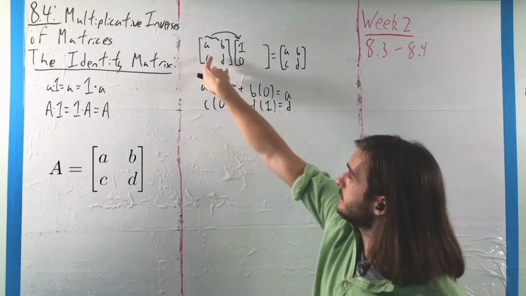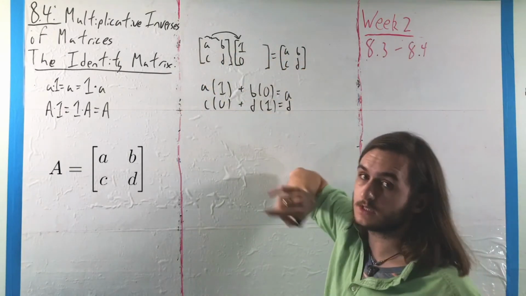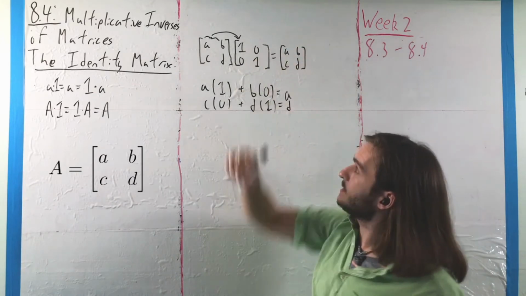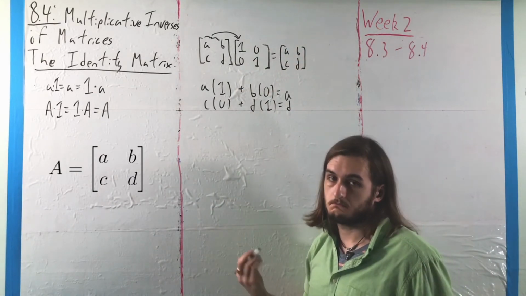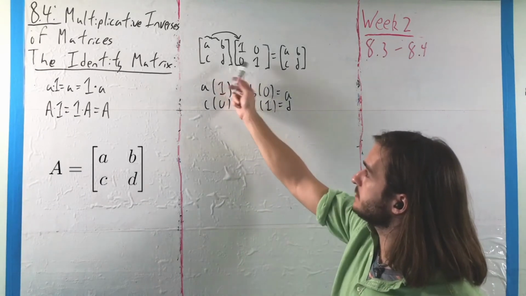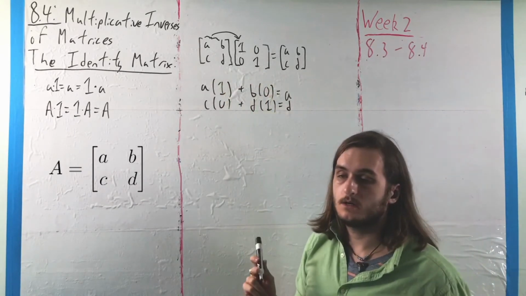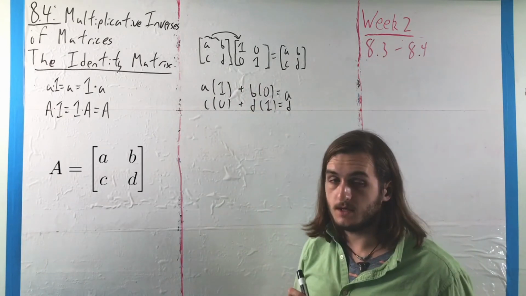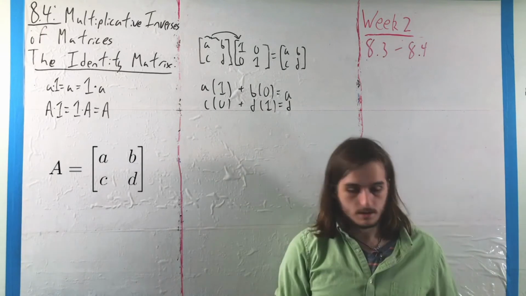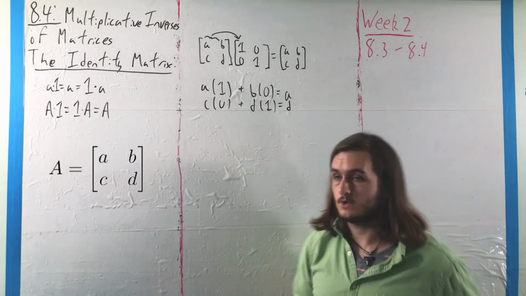So just by looking at these two terms having to end up back where they started, and our matrix having to maintain order, we get that in order to multiply these two and end up back where we started, that has to be our construction. And this is a very particular construction.